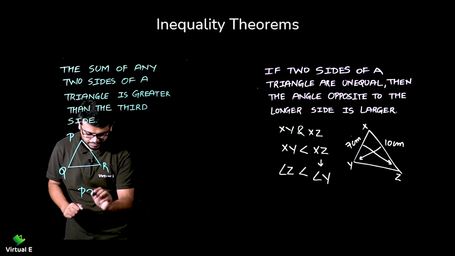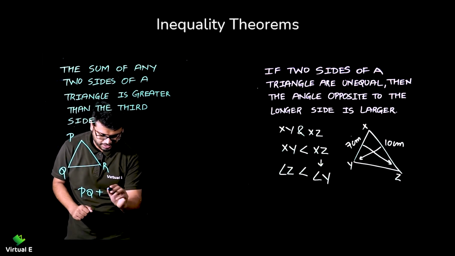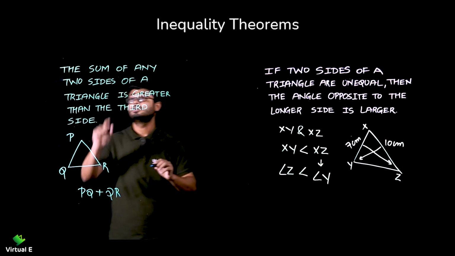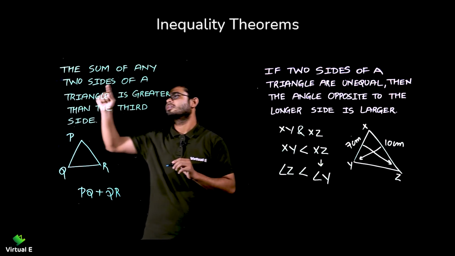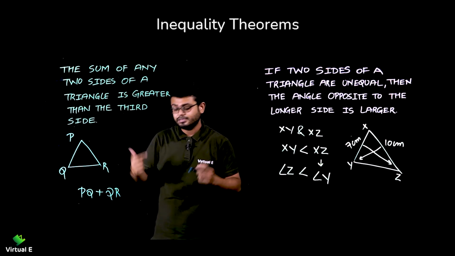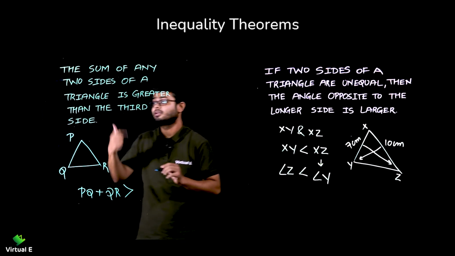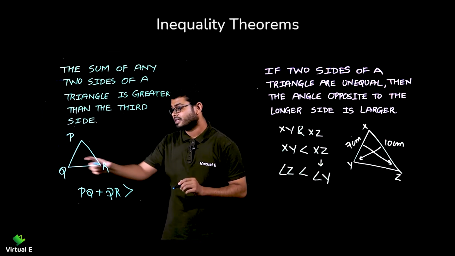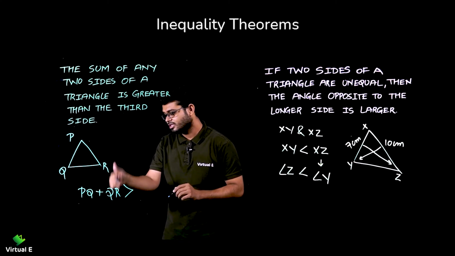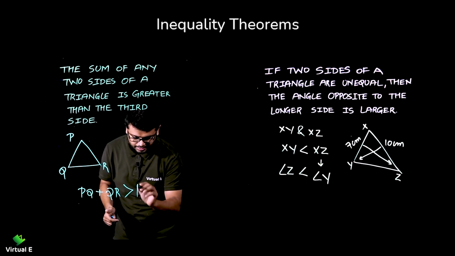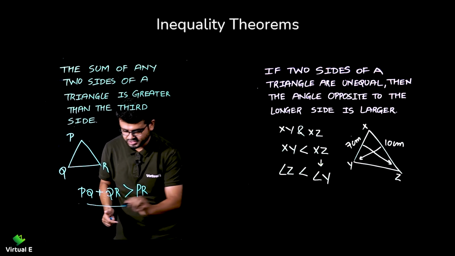Let's say PQ plus QR. So the sum of any two sides of a triangle is greater than the third side. Now PQ is done, QR is done, so what's left? PR. This is the simple statement.